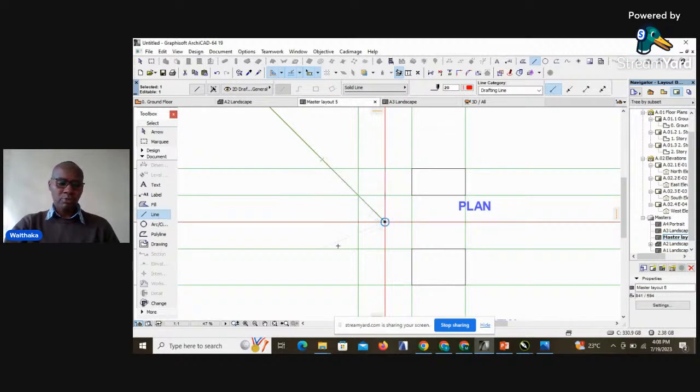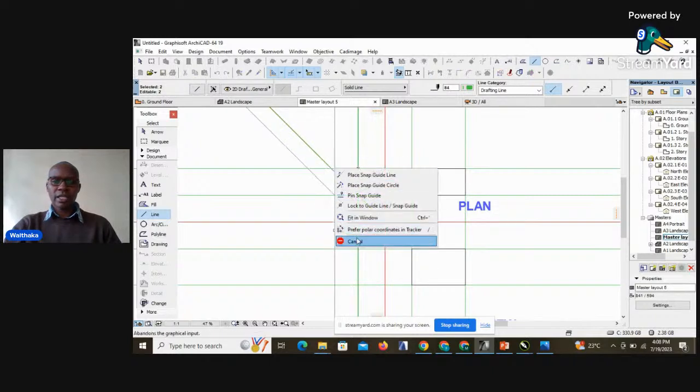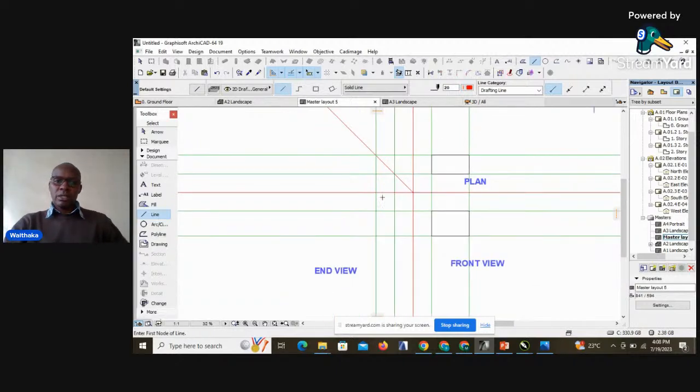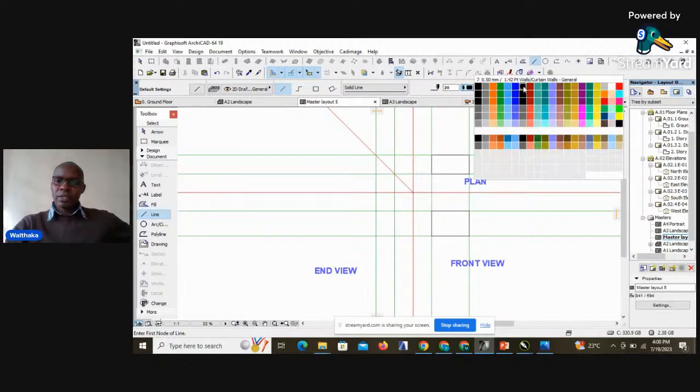Then at that point, we draw another line to define the width of our end view. Sorry, let me just draw and maintain the one that we had before. So there we are. We are now able to get our end view. Maybe I can just highlight it in black.